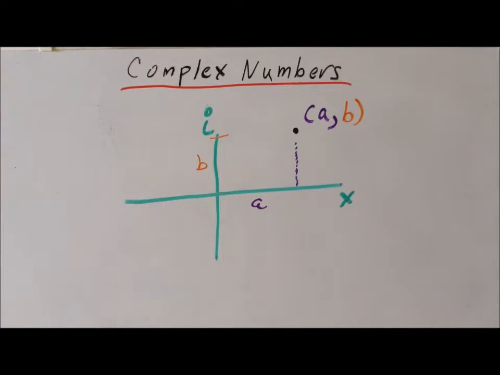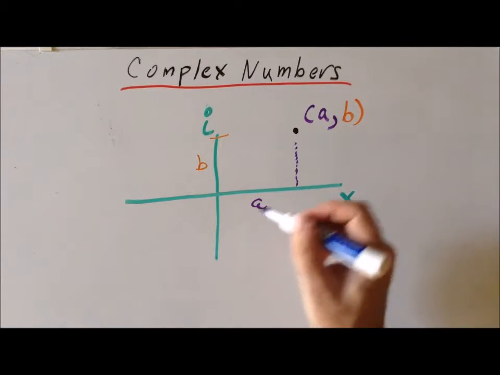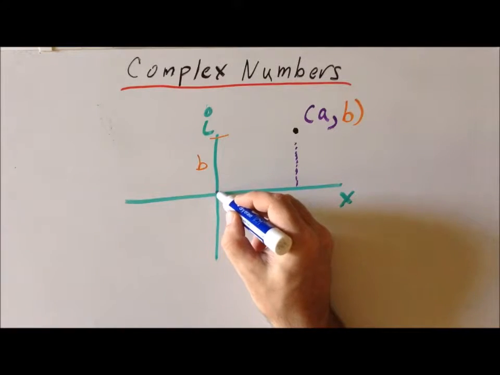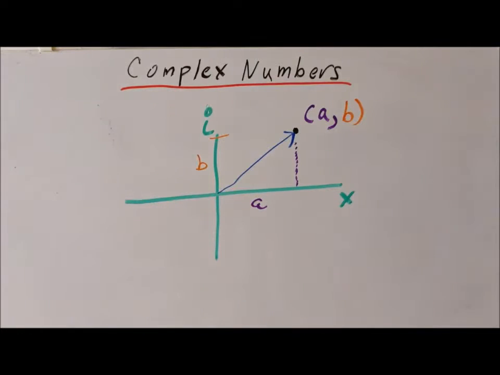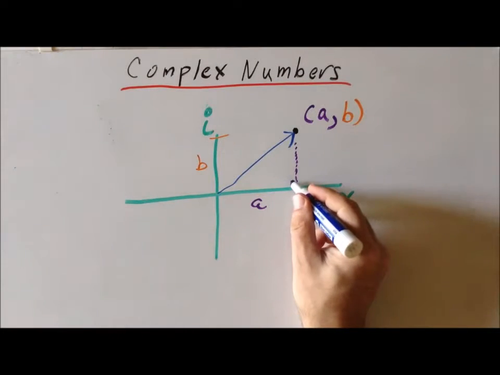But it becomes even more useful than that, if we like, because in addition to thinking of this particular complex number as being a point, we can also think of it as a vector. And the crucial idea here is we draw a line in this particular direction. And we can think of it as the resultant of adding a vector in the a direction. So we have this vector a, which goes to the right.